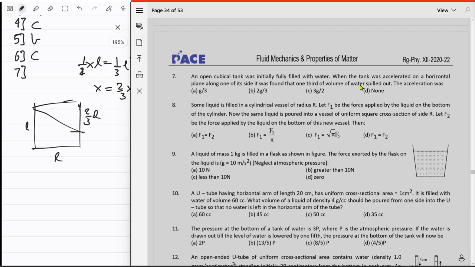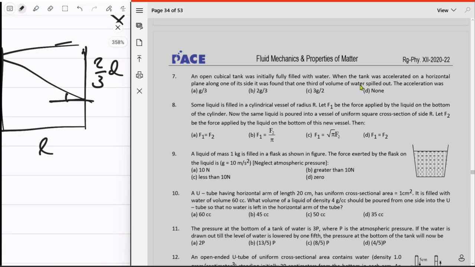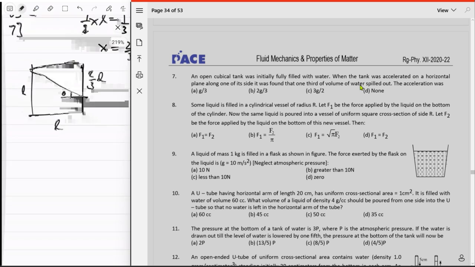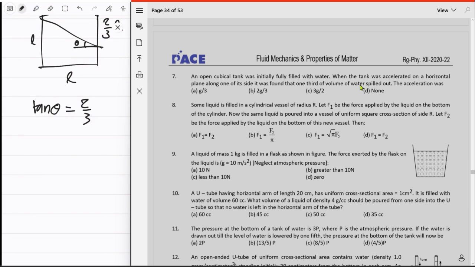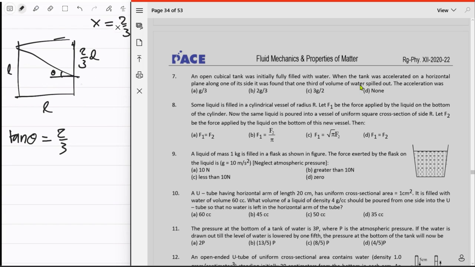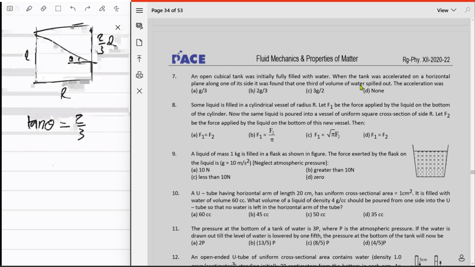So I'll say this angle is theta. Then you know that tan theta is two-thirds. But then, as you saw in the last case, wait, first of all, how is the gravity acting? So it was accelerating in this direction, so pseudo acceleration for this guy is in that direction, and there's gravity.